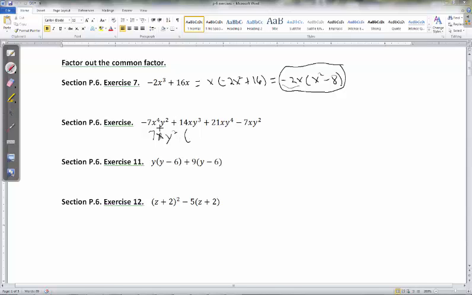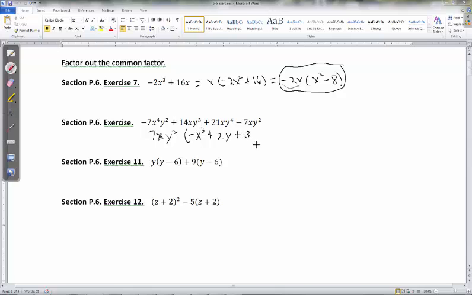If I divide that out of each term, so I have the negative, I will have 3 x's left in this first term. I won't have any y's, so that's done there. Plus, I should have 2. Took away an x, took away 2 y's, so I should still have 1 y left. Plus, divided by 7, so that would be 3.